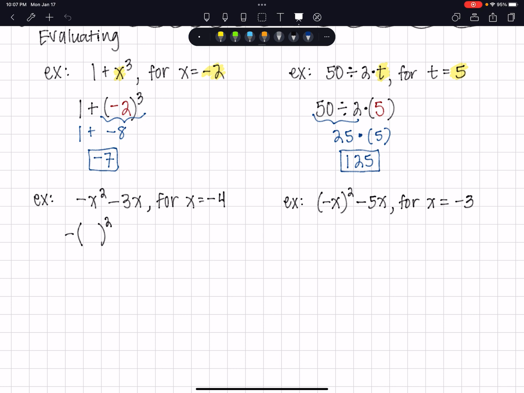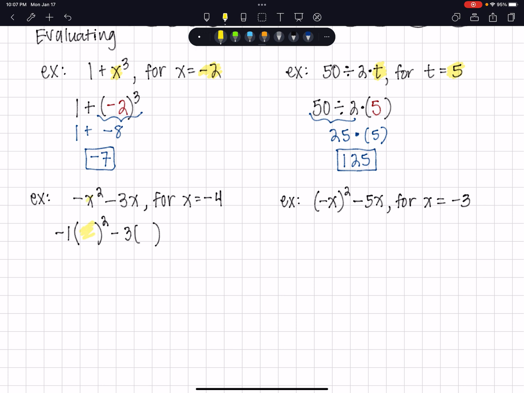So that would be the opposite, and we can think of it as -1. So you could think of this as a -1 times x squared, if that helps. -1 times parentheses squared minus 3 times parentheses. And then in place of x, we're going to put a -4.